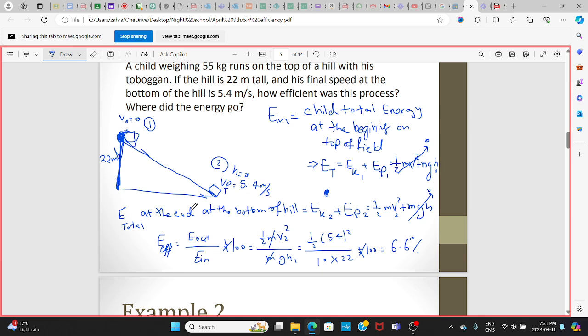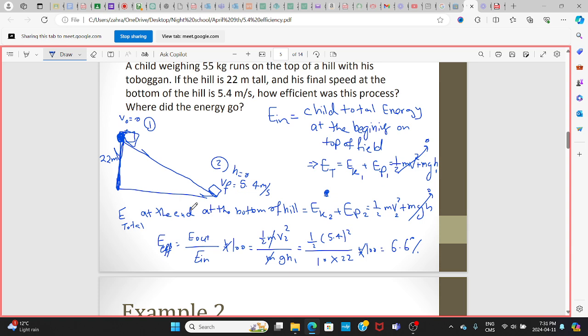Your input energy will be the muscular energy that you have, and output is how much work you have done on the box. It's just lifting that. That would be your output. So a different situation would be different, actually.